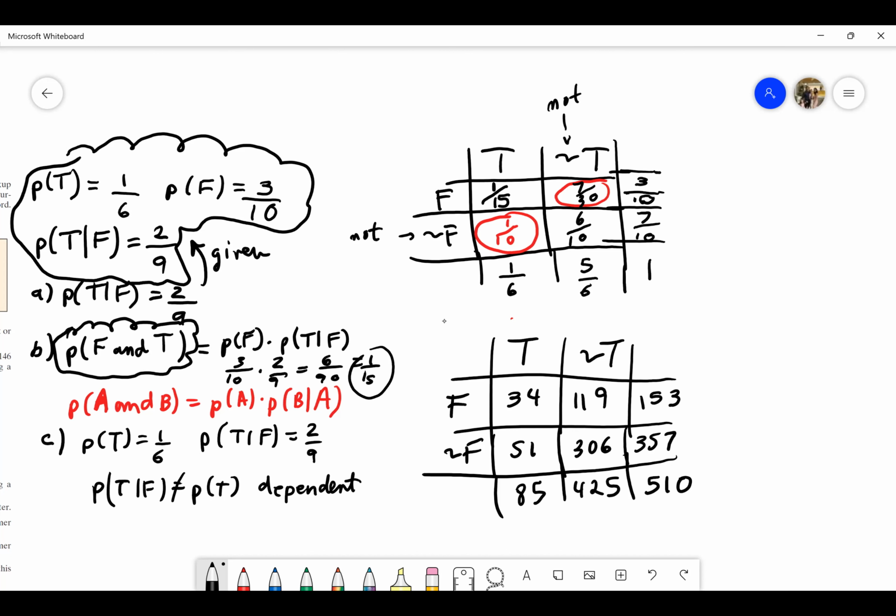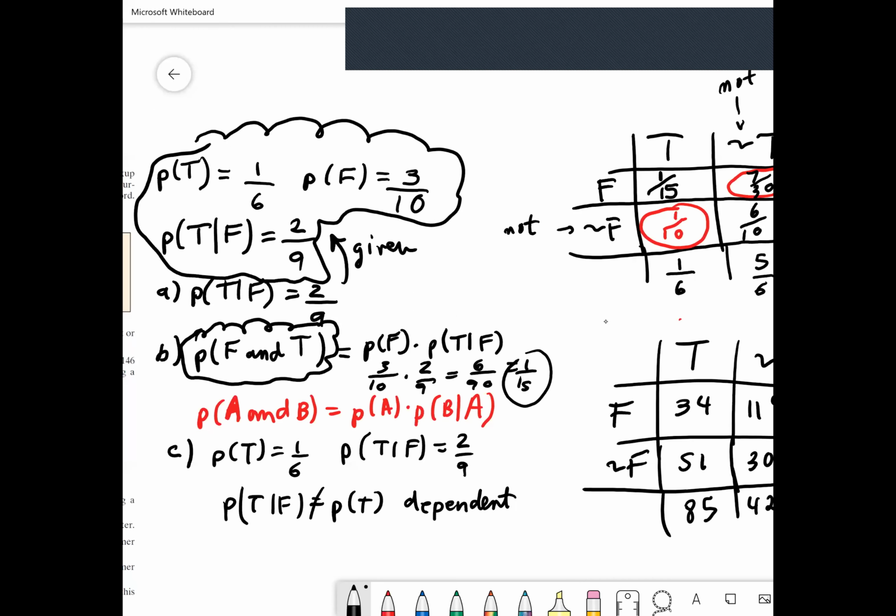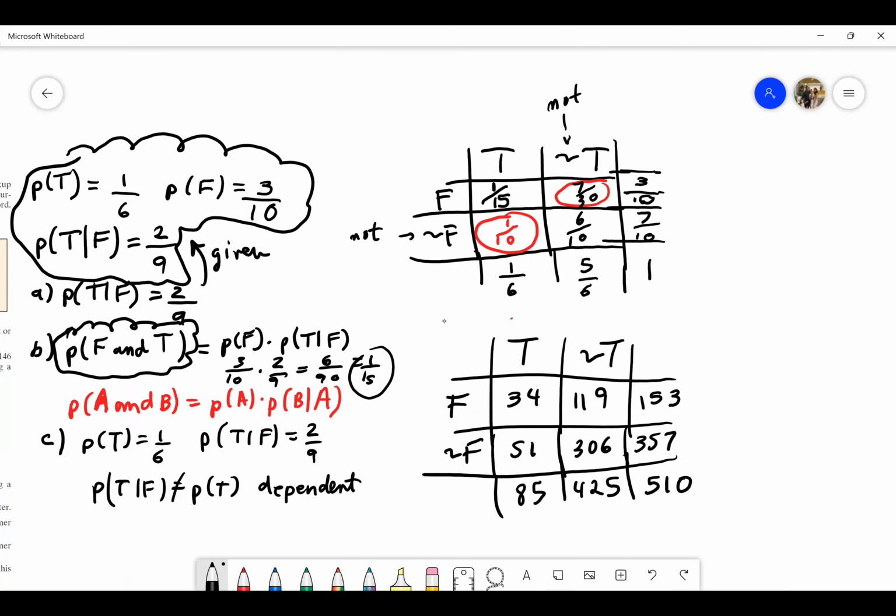We know now that there's 85 people who answered truck, 425 people who don't have a truck, 153 people who own a Ford, 357 people who don't own a Ford, 34 people who have a Ford and a truck, 119 people who have a Ford but it's not a truck, 51 people who have a truck but it's not a Ford, and 306 people who don't have a Ford and don't have a truck.